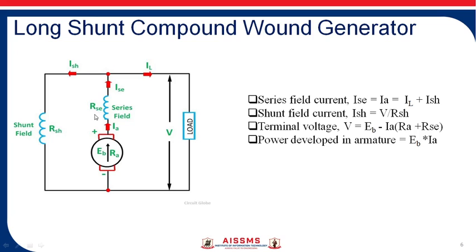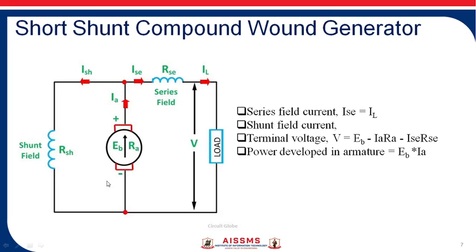The shunt field winding current is V by RSH. Terminal voltage available across the load is equal to EB, the EMF generated in the armature, minus IA in bracket RA plus RSE, and power developed in the armature is equal to EB into IA.